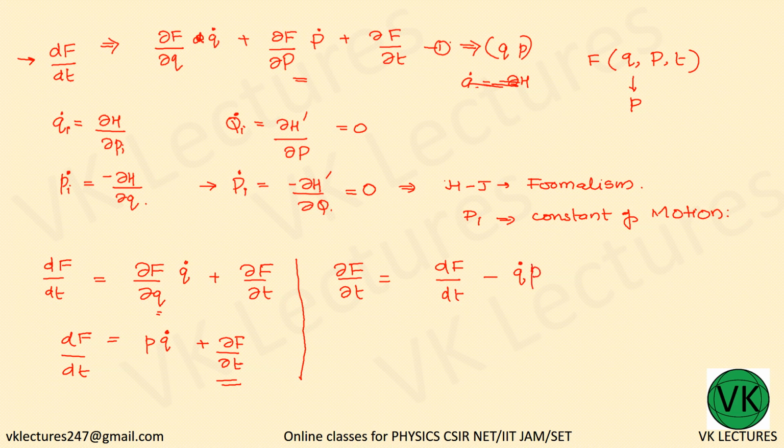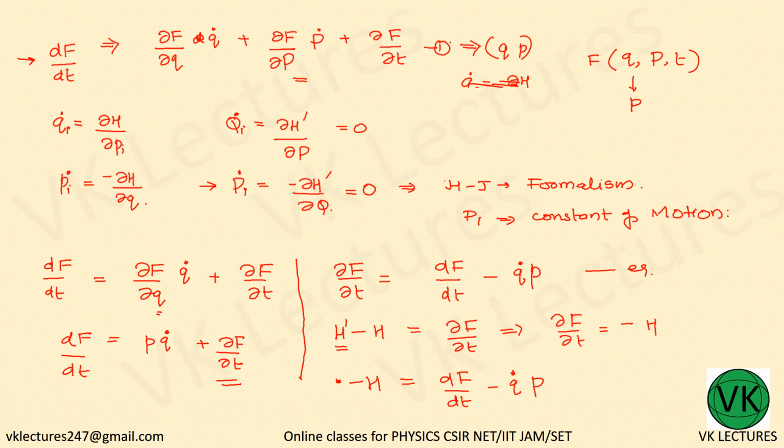This ∂F/∂t is nothing but H' minus H. Since H' is equal to 0, we can write ∂F/∂t equal to minus H. Now once again rewriting this equation, we have ∂F/∂t, which is nothing but H' minus H, equal to dF/dt minus q dot p. Now we need dF/dt.